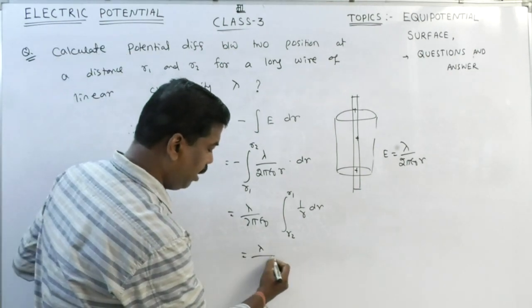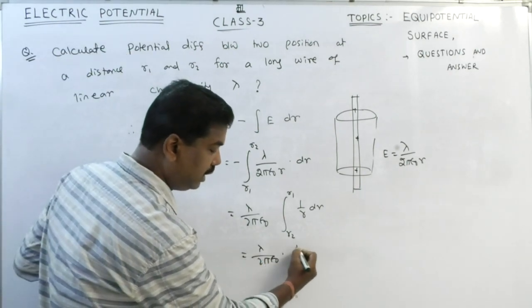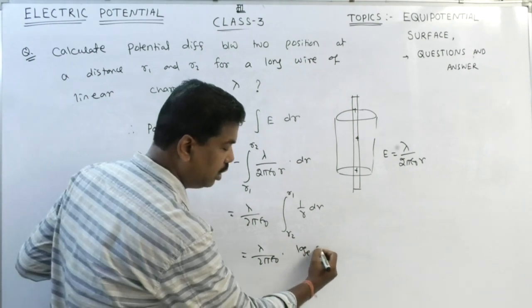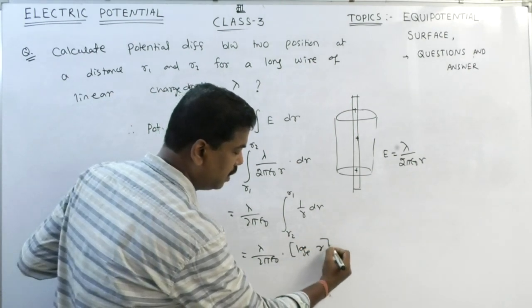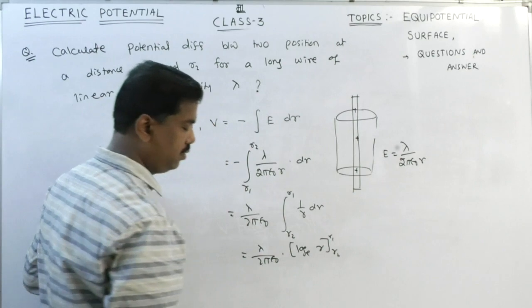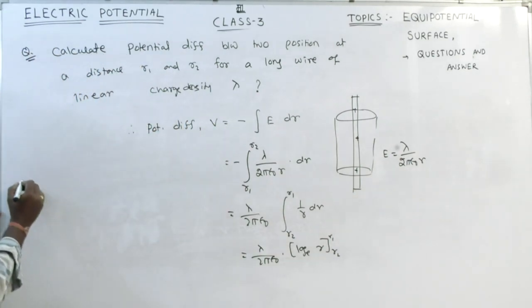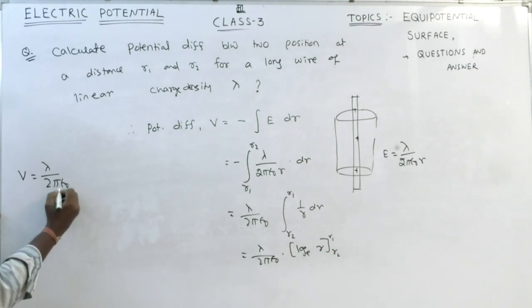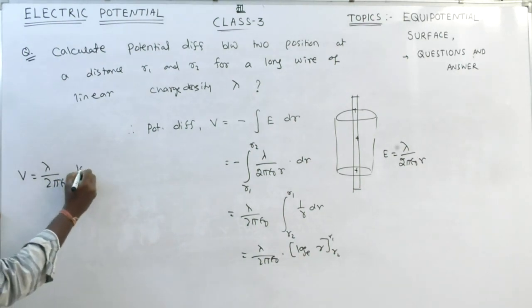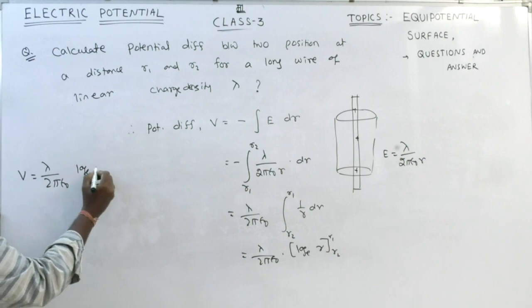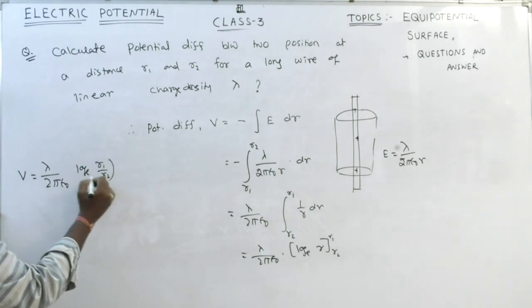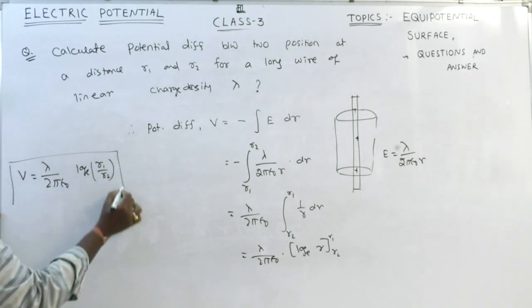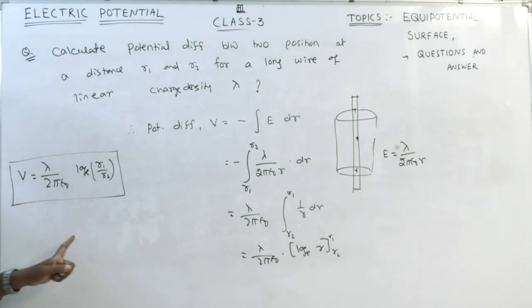Lambda by 2 pi epsilon 0 into log e r. So the potential difference is found to be lambda by 2 pi epsilon 0 into log e r1 by r2. Clear?